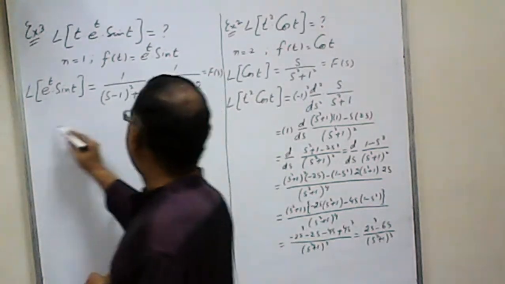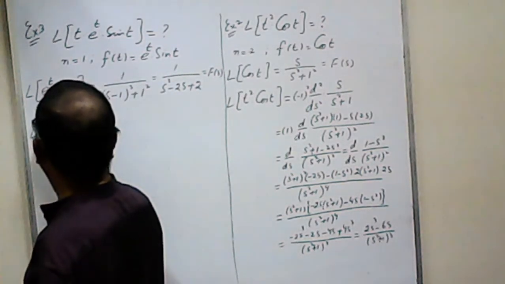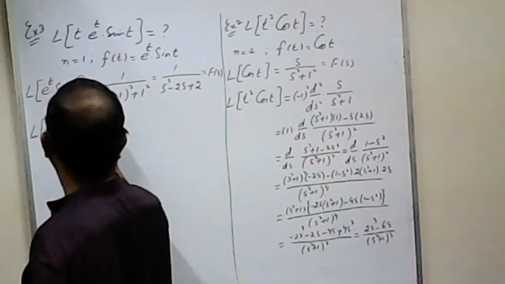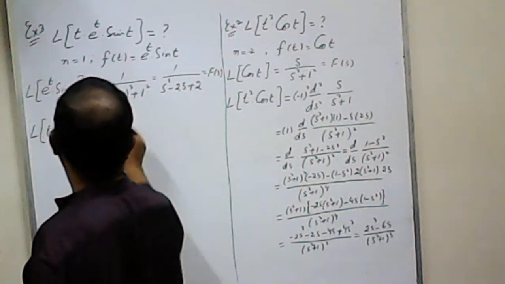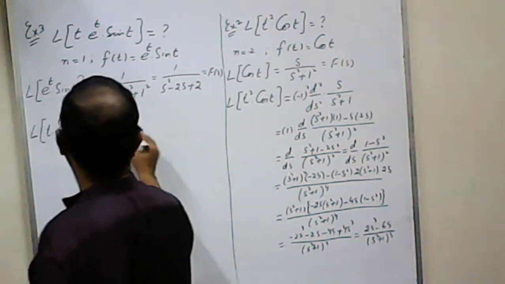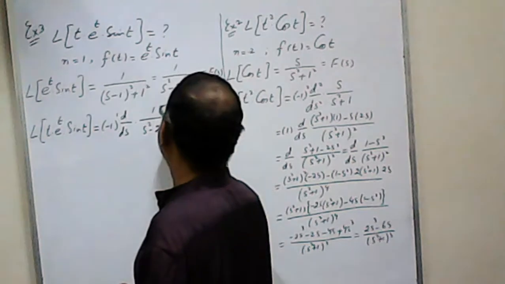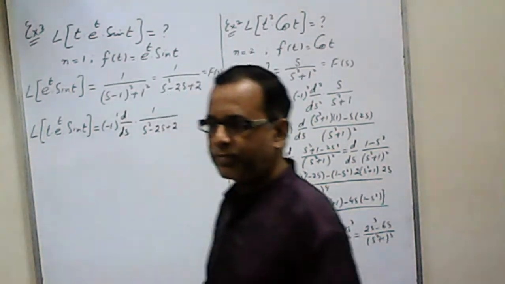So now we can apply the formula, that is Laplace of t into e power t into sine t is equal to minus 1 power 1 d by ds of 1 upon s square minus 2s plus 2.